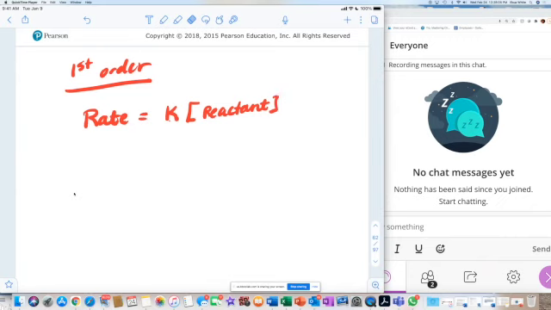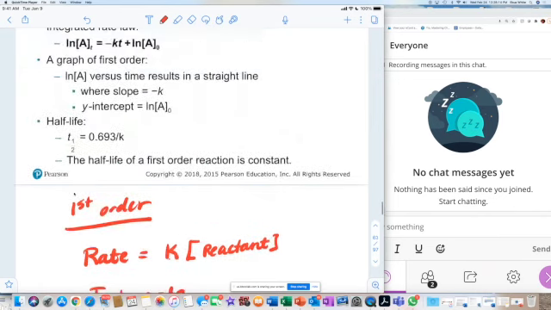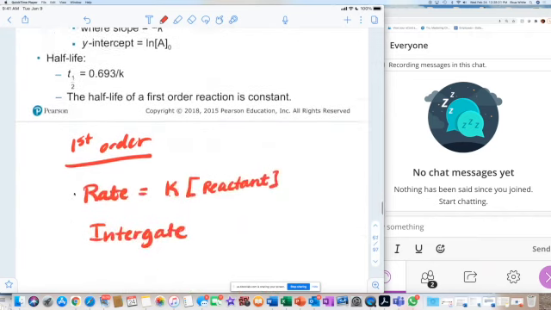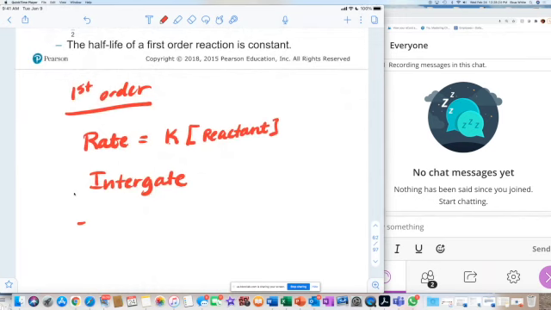Then after integrating this, when you integrate this, you end up with the log natural of the first scenario. So you see here, at first for the zero order, we had A concentration sub T equal negative K T plus A sub naught, right?